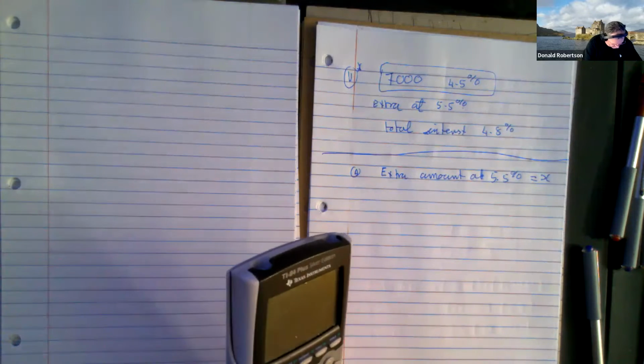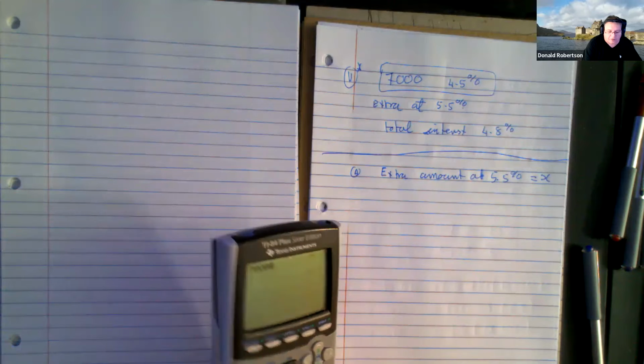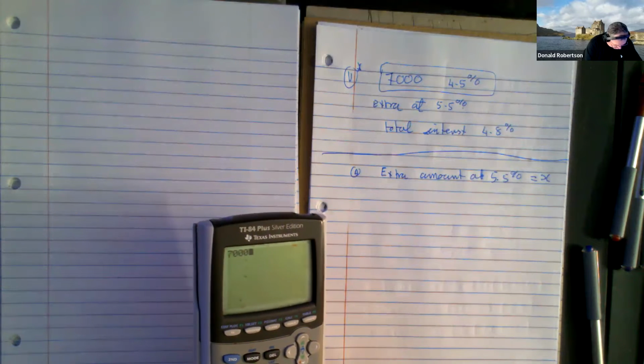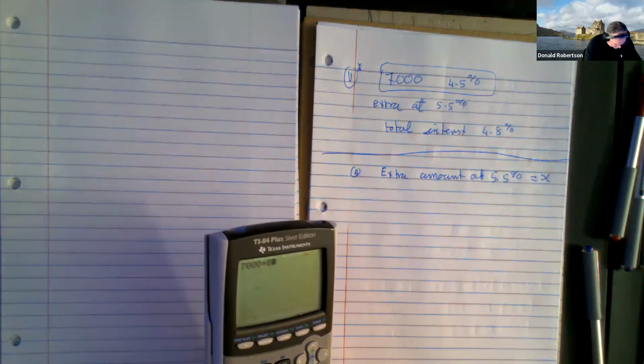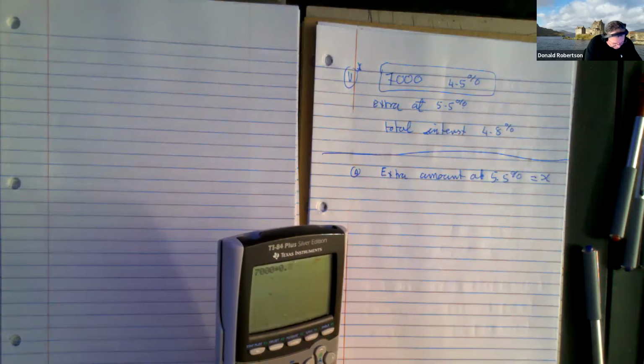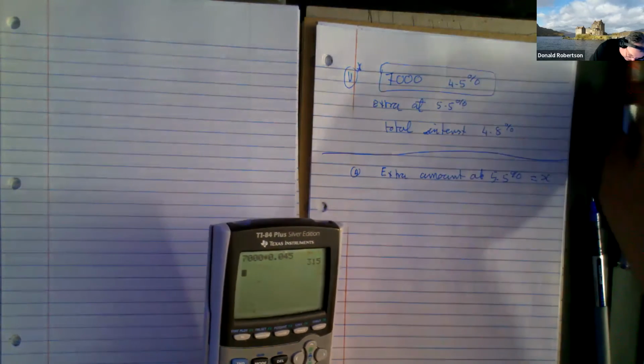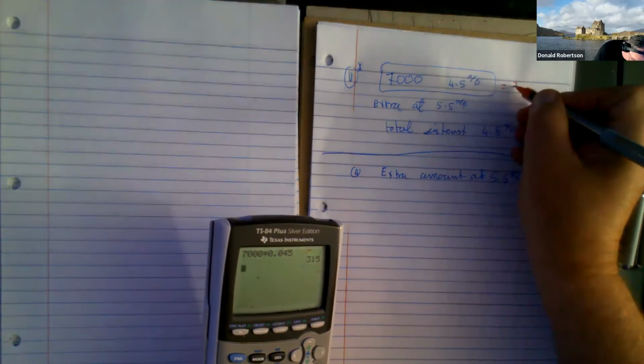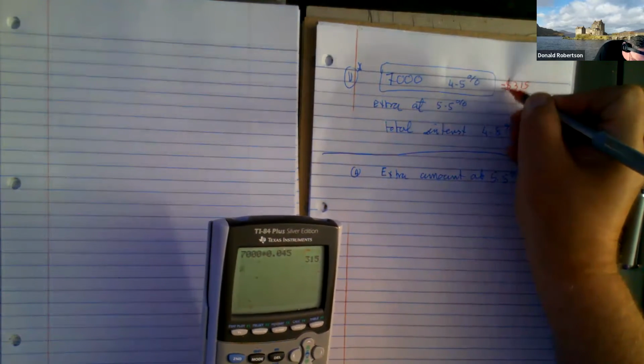This piece of information is actually just going to be a number. It's 7,000, right? That's fixed. It doesn't change. It's still 7,000, and it's at 4.5%. So if you do 7,000 and multiply it by 4.5%, which as a decimal is 0.045, you find out that for this part you get $315 interest.